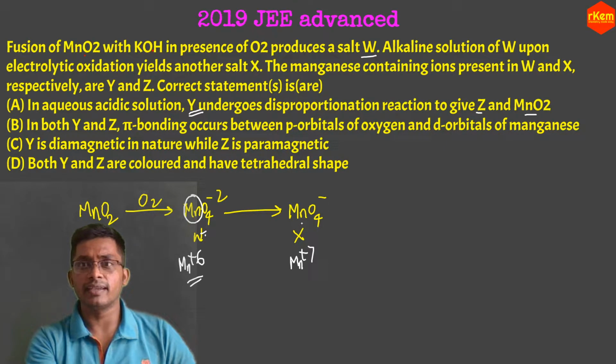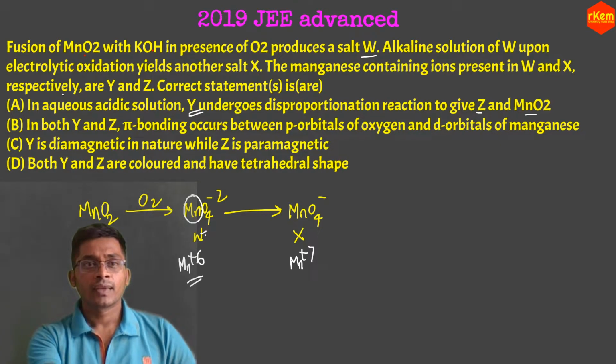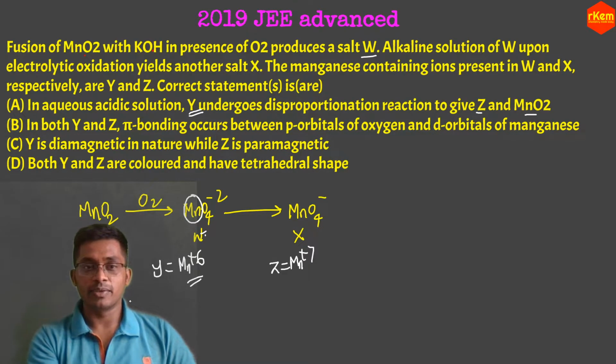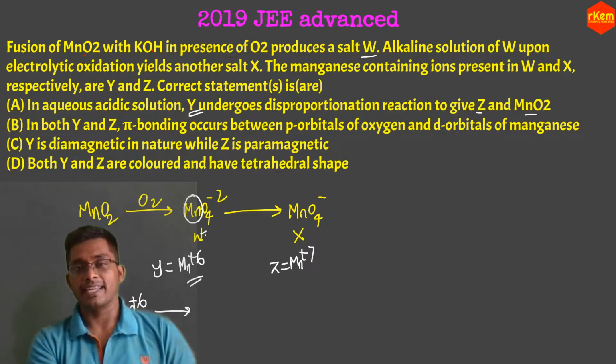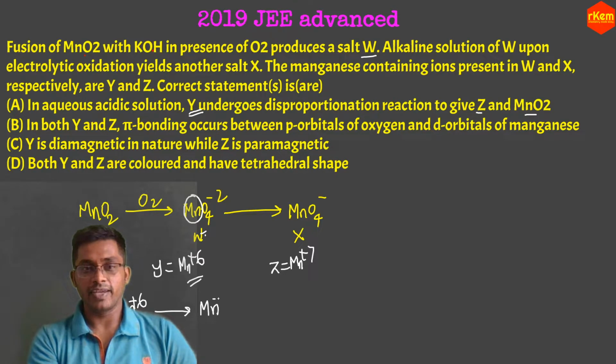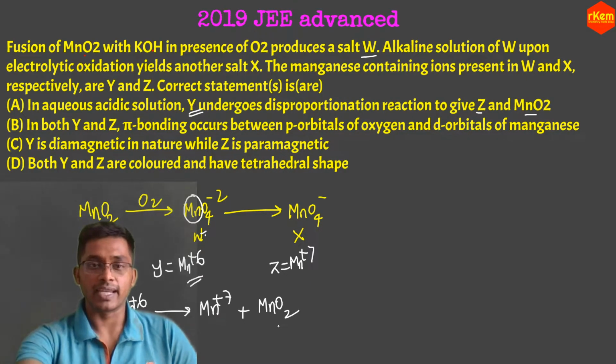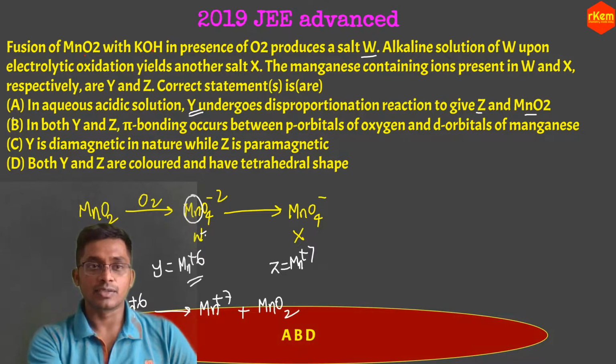W is given, X is given, Y and Z. This is Y, this is Z. Yes or no? Right. Is it correct? Absolutely correct. Mn plus 6 undergoes disproportionation, oxidation and reduction, in acid. So disproportionation will give Mn plus 7 plus MnO2. It is a direct statement from NCERT, so the answer A is fine.